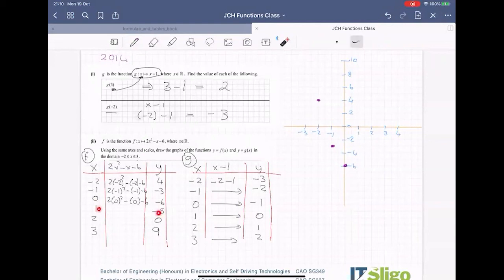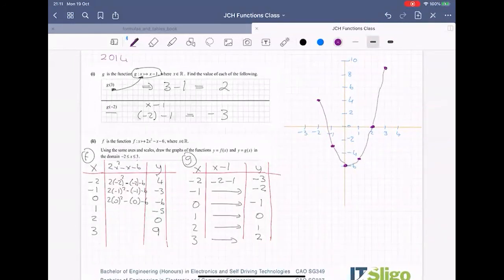I have 1, -5, so I'm on the way back up again. I have 2, 0. And finally, I have 3, 9. Okay, and I draw a nice little curve on him as best you can.